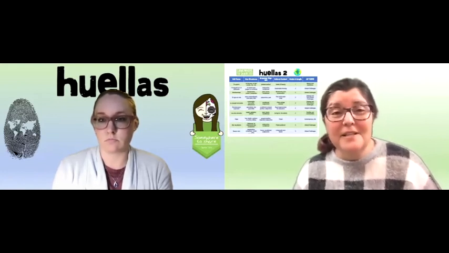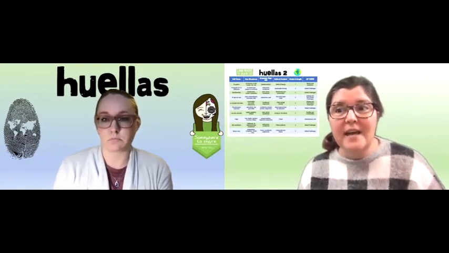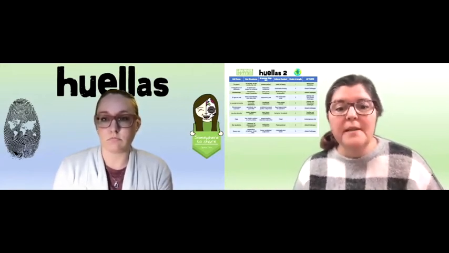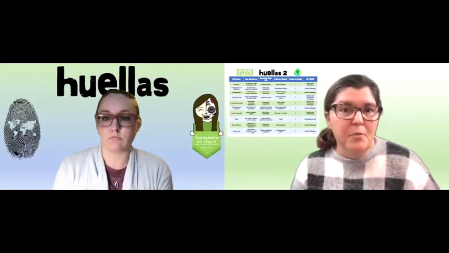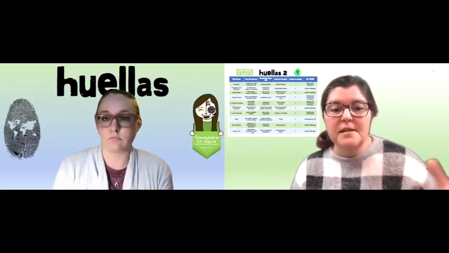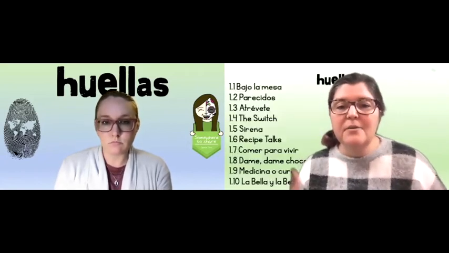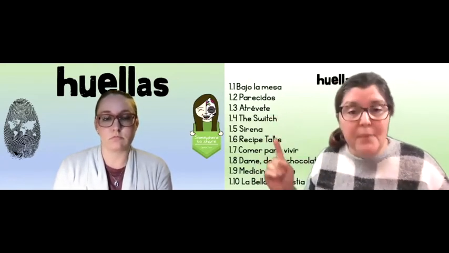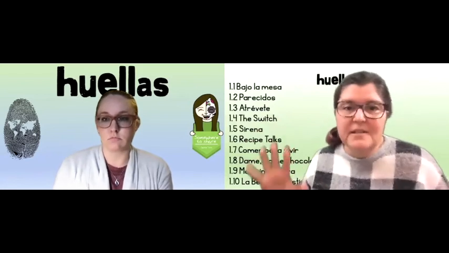But even for a textbook curriculum, I think that it gives them starting with Huellas 1-1. That's why we built in the movie talks and the commercial talks. I don't know if you noticed back here, but as I was going through them, Bajo la Mesa is a movie talk with a video, and Parecidos is with a commercial, and Atrévete is with a commercial.